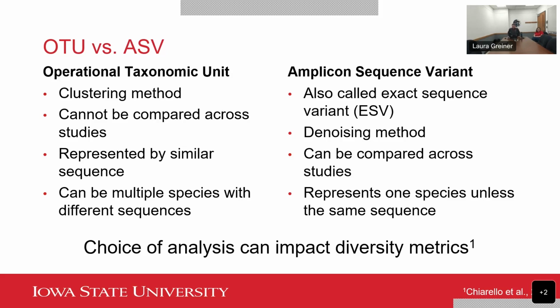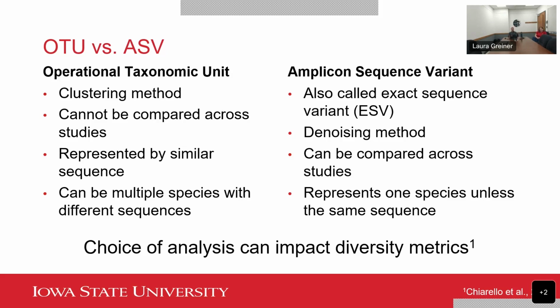For amplicon sequence variants, or ASVs, it seems to be a more recent approach, as we developed models to more appropriately identify error in sequencing. We've been able to become more confident using ASVs. Another term you might see for ASV is ESV, or exact sequence variant. Just keep in mind as you're reading or listening to presentations that ASV and ESV are the same thing.